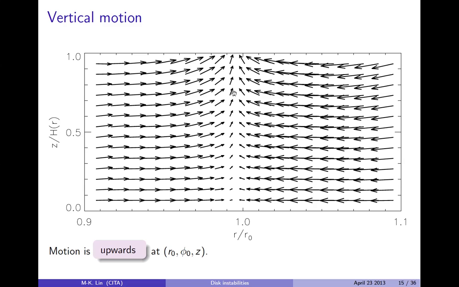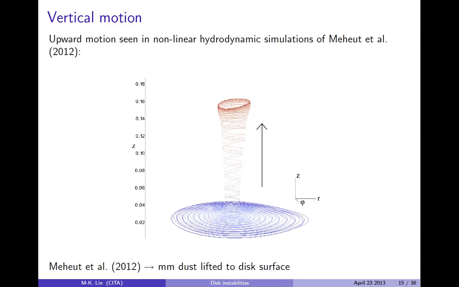And at this point, it's interesting to compare this to another simulation by Harries-Mayhew. She did a couple of polytropic disk simulations of the Rossby wave instability, and she finds, of course, vortex formation, but also in the centers of these anticyclonic vortices, she finds upwards motion. So these are streamlines from one of her simulations for an anticyclonic vortex, and the flow is from blue to red.